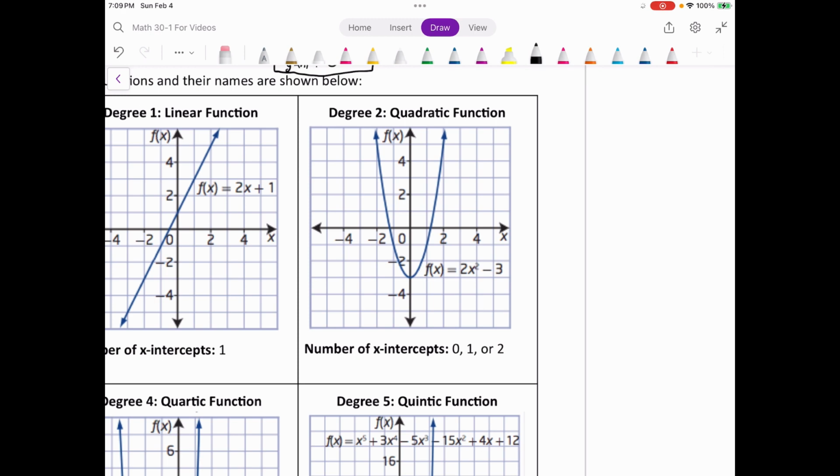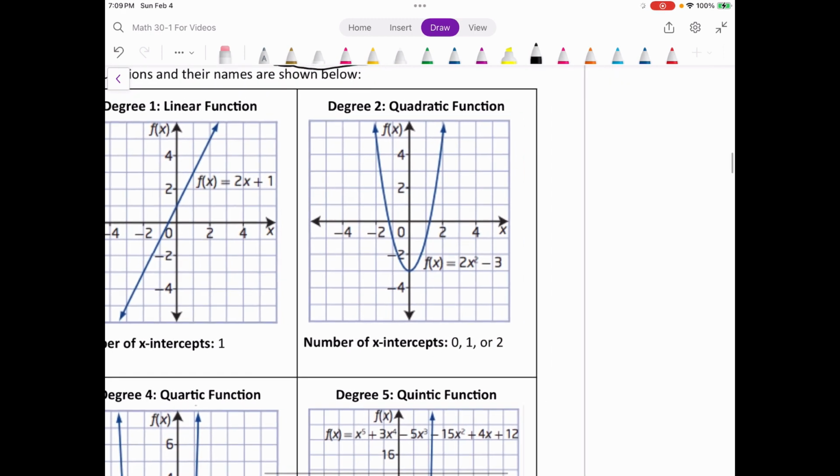Another helpful way to think about why the maximum number of x-intercepts would be 2 is to think about factoring a quadratic. When we factor a quadratic, we know from Math 20 that we can get stuff like x plus m times x plus n. Does it always look exactly like that? No, but we know we can get up to 2 factors, which means there's basically up to 2 ways to make it equal 0.